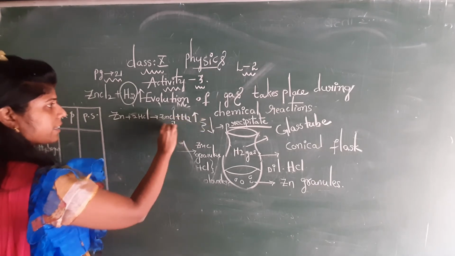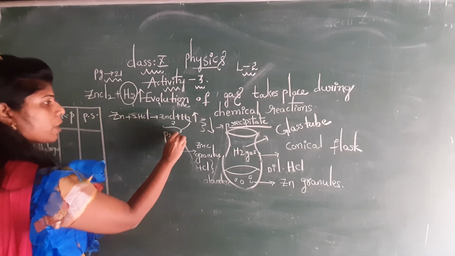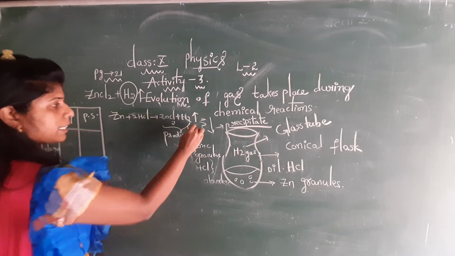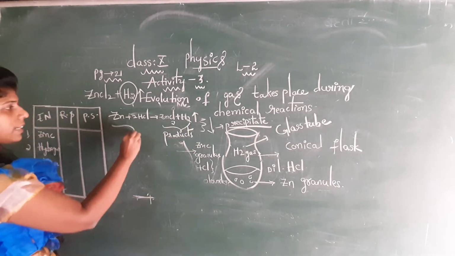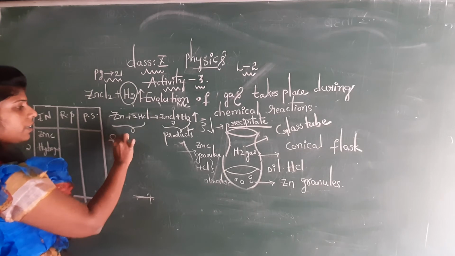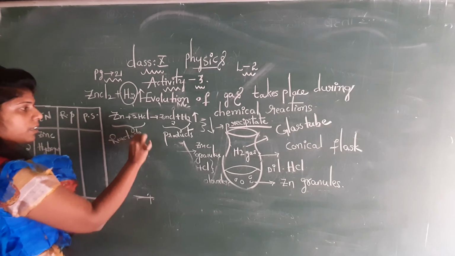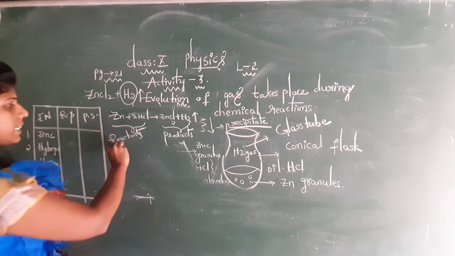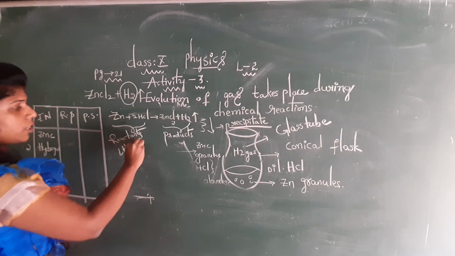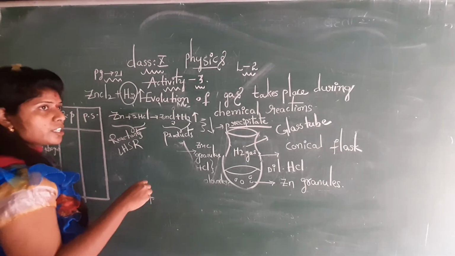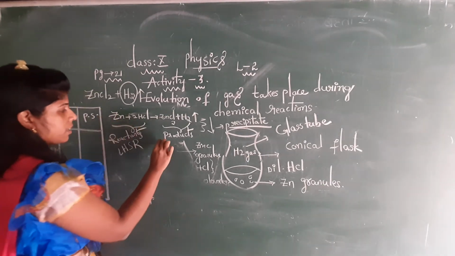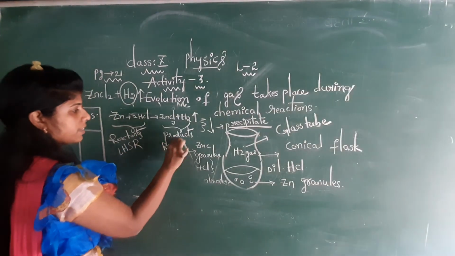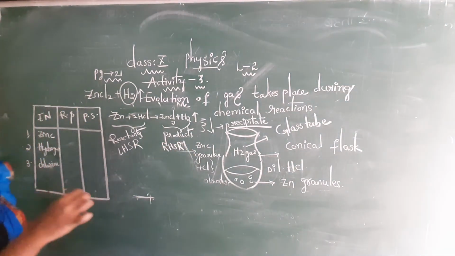The right side terms are said to be products. The left side terms are said to be reactants. Reactants are also called the left hand side, and products the right hand side. Is it clear?